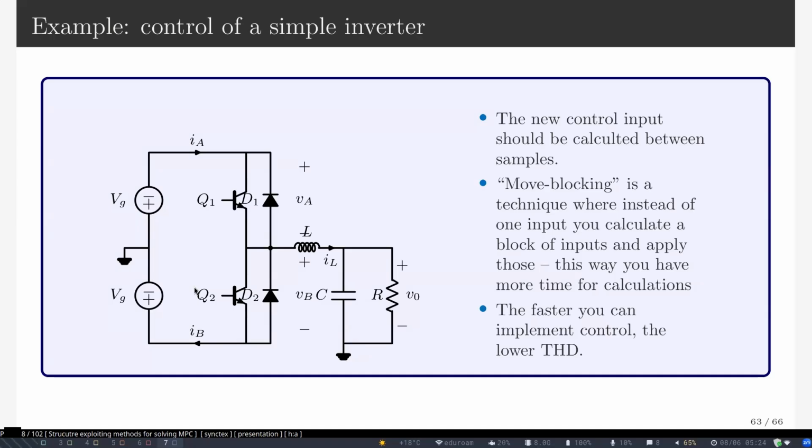So for this interval, I write x dot equal to A1 times x plus B1 VG.